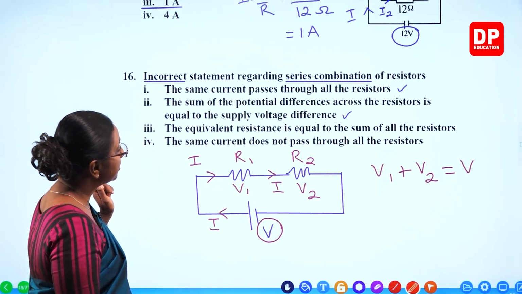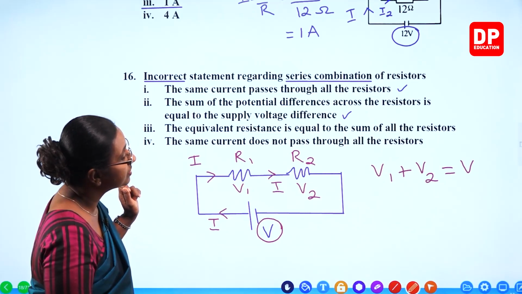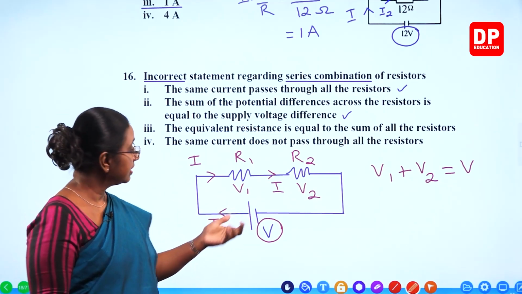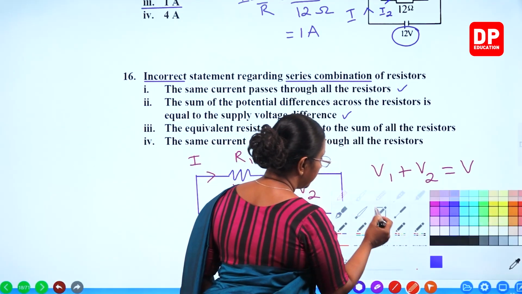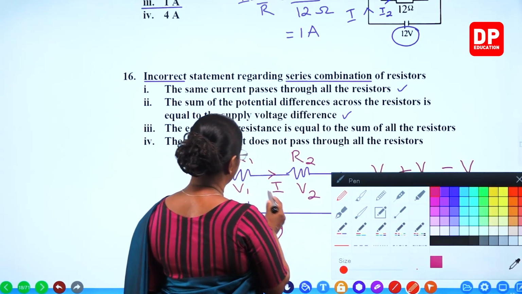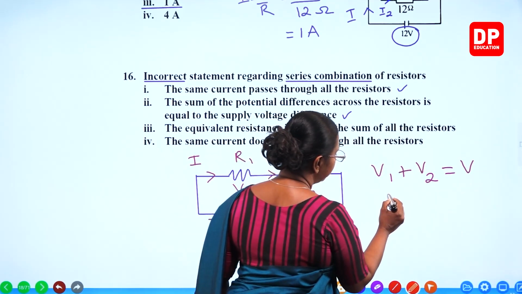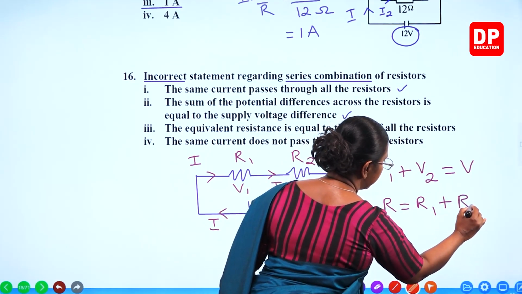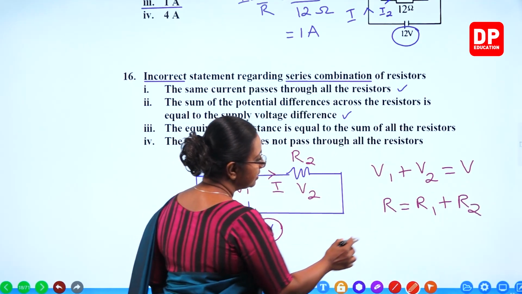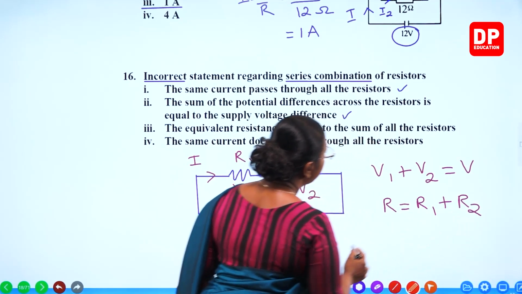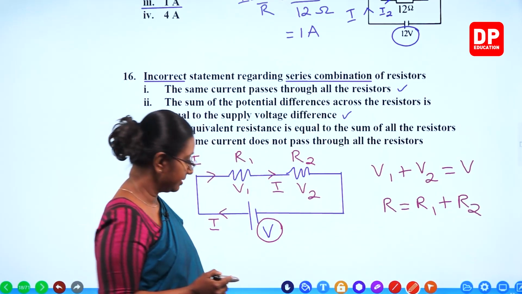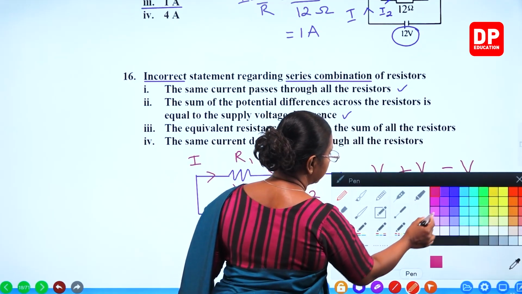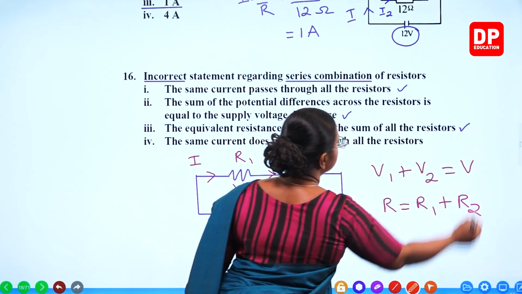The equivalent resistance is equal to the sum of all the resistors. That is also correct, no? Now equivalent resistance is what? If you take it as R is equal to R1 plus R2. So equivalent resistance is equal to the sum of all the resistors. That is also correct.